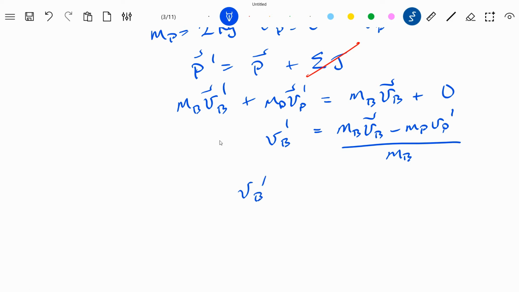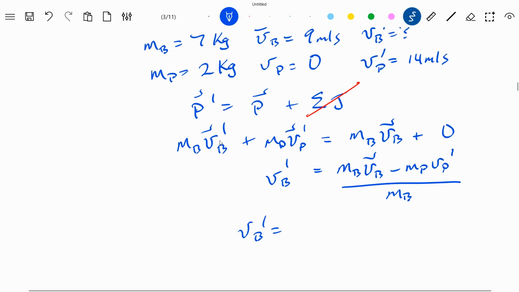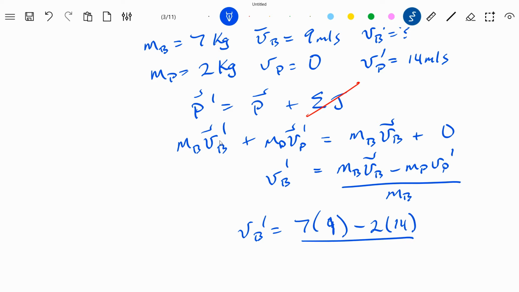So the velocity of ball prime is equal to the mass of the ball, which was given as 7, times the velocity of the ball before the collision, positive 9 meters per second, minus the mass of the pin, which was 2, times the velocity of the pin prime, 14, all over the mass of the ball, 7 again.